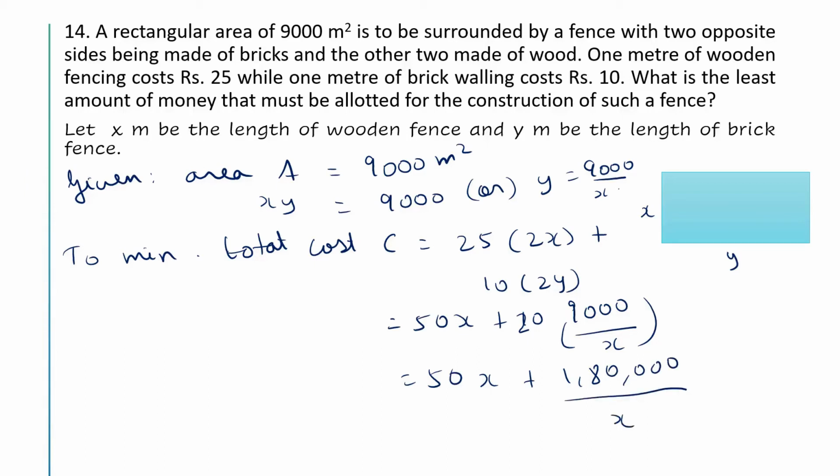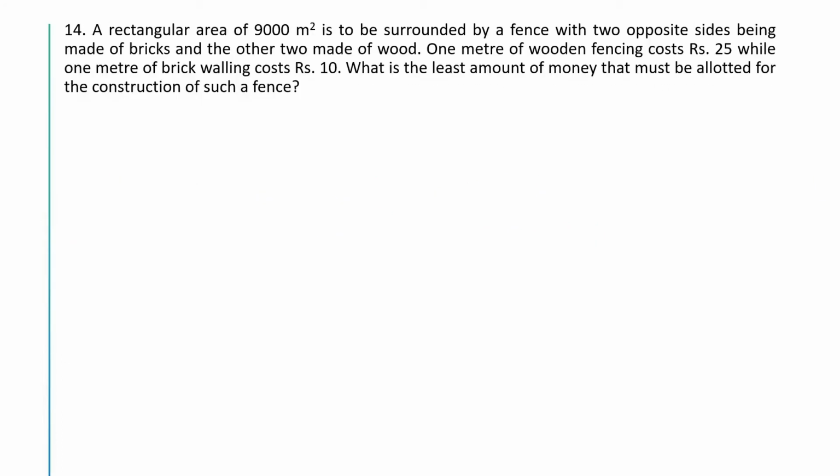So to find the minimum value of the cost, we have to find dc by dx, find the critical point and find the point of local minimum. So we got C as 50x plus 1,80,000 divided by x.